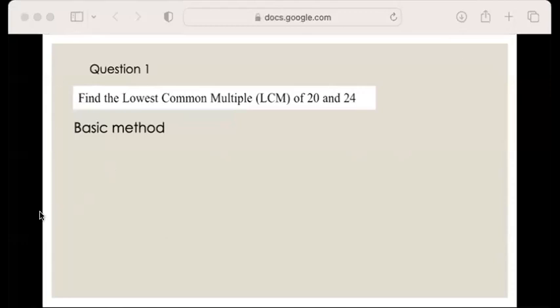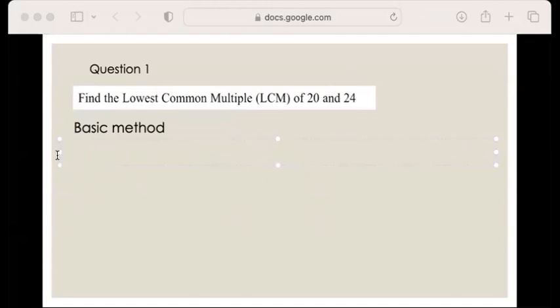Right, let's see the multiples of 20 and the multiples of 24. Then we will see the meaning of common, and then the meaning of the lowest common. So first we will list down all the multiples, because as I said, this is the most basic method.